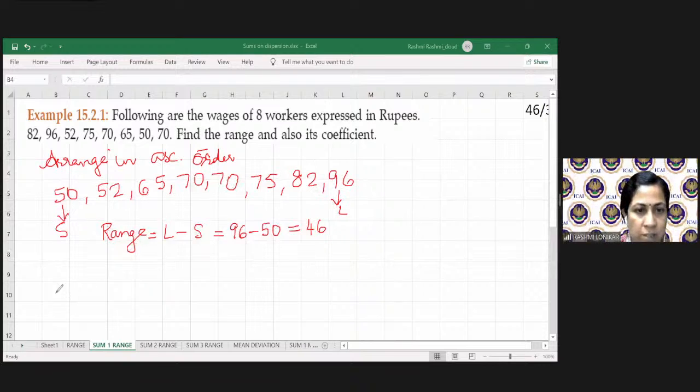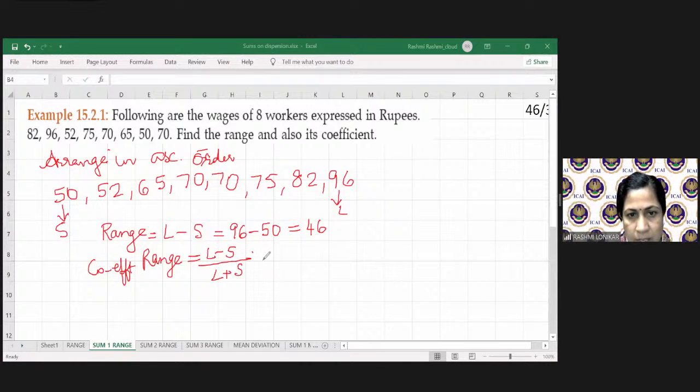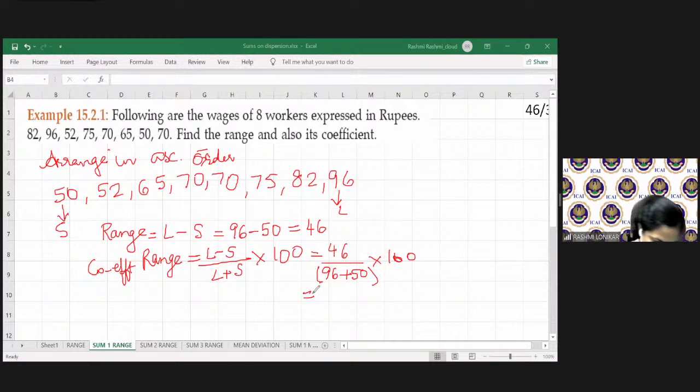But they have also asked us to find out the coefficient of range. So coefficient of range will be L minus S upon L plus S into 100. How much is L minus S? I have already calculated 46. How much is L plus S? That is 96 plus 50, into 100. So can anybody tell me? 96 plus 50 is 146.